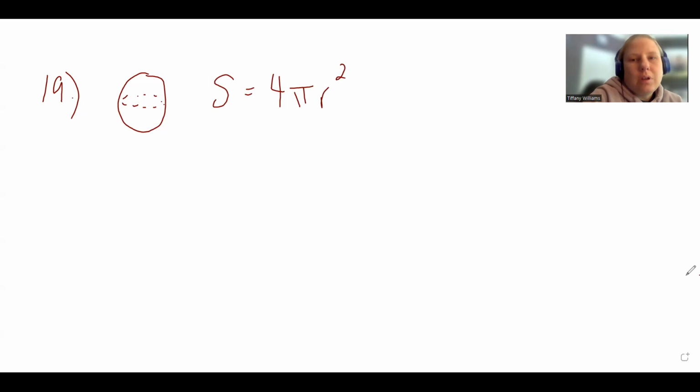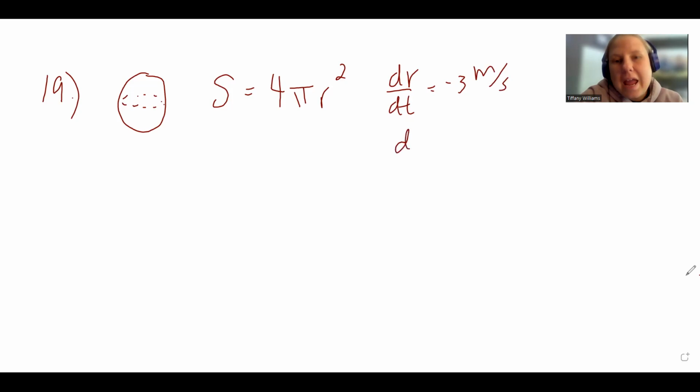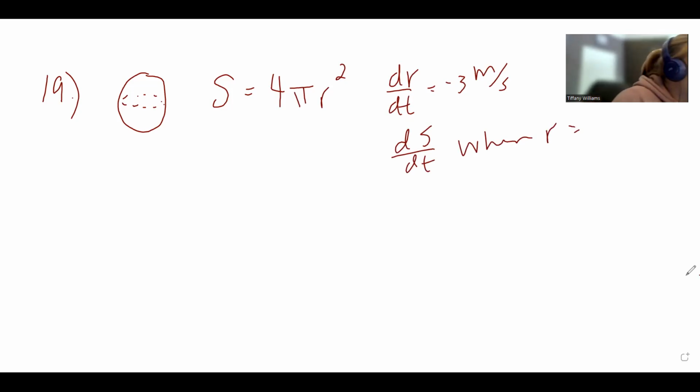So I also knew dr/dt equals -3 meters per second, and I wanted to find ds/dt when r equals, I believe it was, what was r? 10?